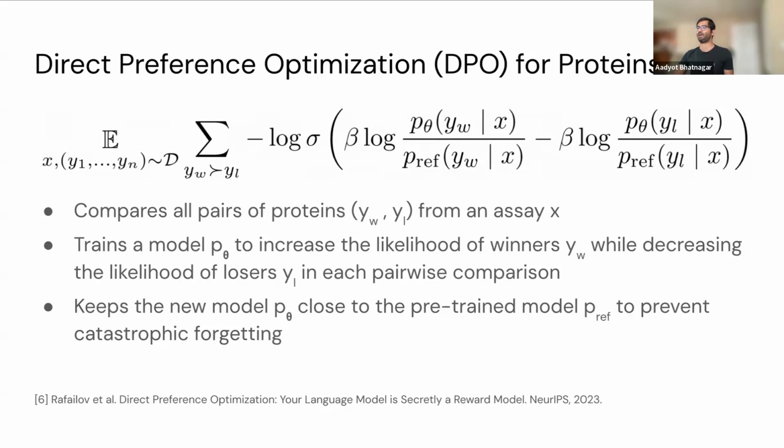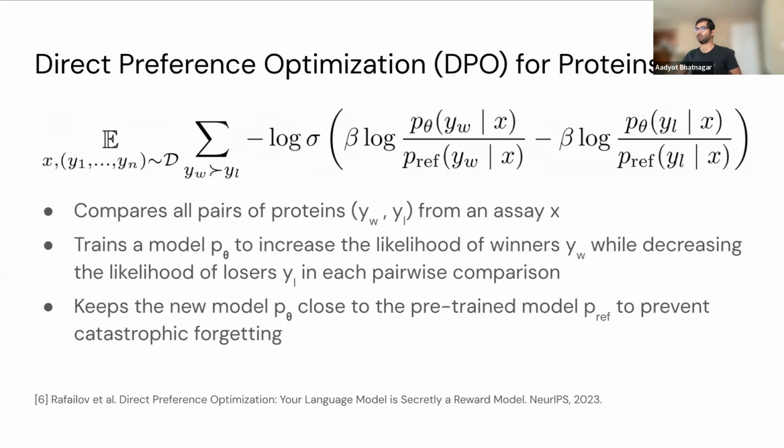Next, because you have this risk of catastrophic forgetting, you take your pre-trained model, P ref, and basically taking this particular log likelihood ratio, you can show mathematically is a way to keep your new model, P theta, close to your pre-trained model, P ref, in order to prevent some catastrophic forgetting.